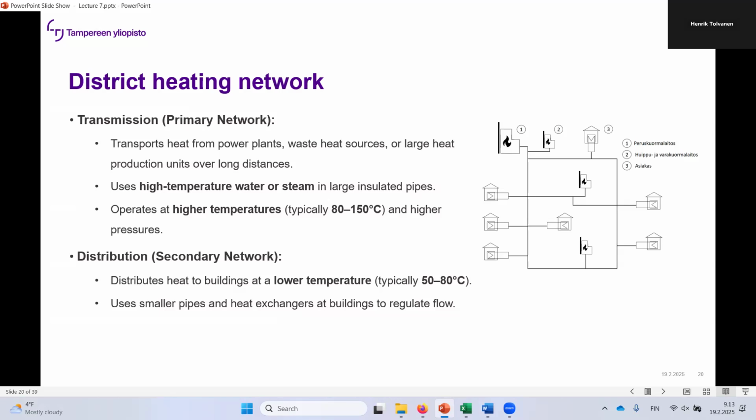And at the moment, as I've been mentioning, my PhD worker Juhani Kotilainen's thesis work is about trying to find, well, the first article was trying to find whether it's feasible to decrease the supply temperature of this transmission network. So that would mean that it would be, for example, 90 rather than 115, the maximum supply temperature.